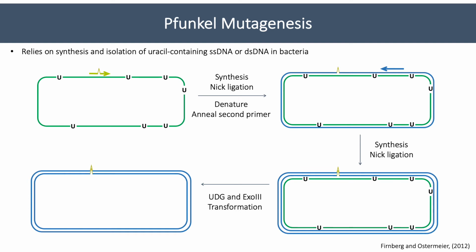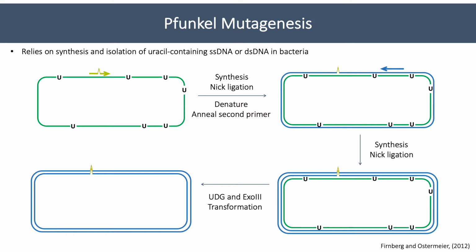So I'm going to touch on some more popular one-tube saturated mutagenesis methods, the first one being Kunkel. It requires the synthesis of a uridylated single-strand template in bacteria, and then annealing a mutagenic oligo to it, and then this oligo is extended, and the nick is then sealed by ligation.